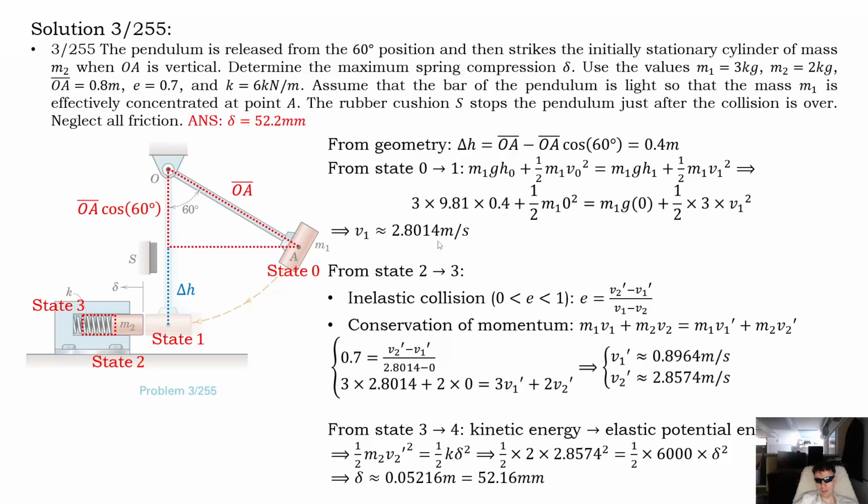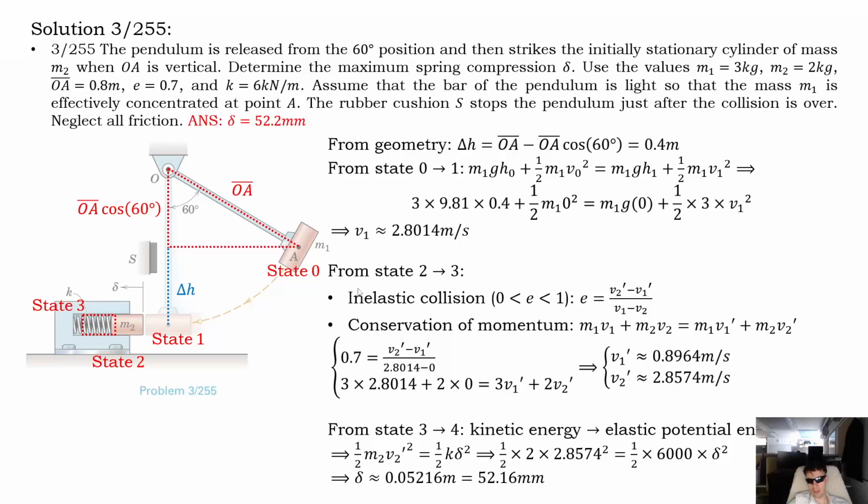We have already obtained 2.8 and so on. And here we put M1 V1 equals M1 V prime 1 plus M2 V prime 2. And we have another formula for inelastic collisions. We have the e coefficient, which is 0.7.